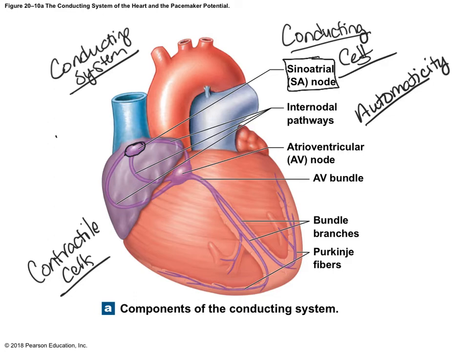It'll put out 80 to 100 action potentials per minute, right? So you would think that if there are 80 to 100 action potentials per minute, the heart would beat 80 to 100 beats per minute because it's receiving that message. But in actuality, the heart is only going to beat probably around 70 to 80 beats per minute.